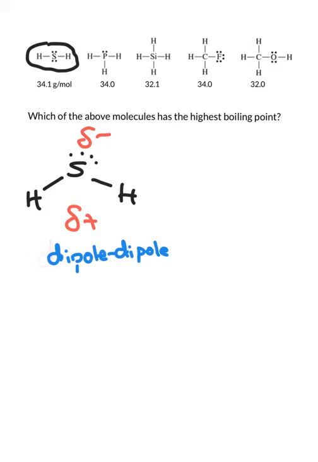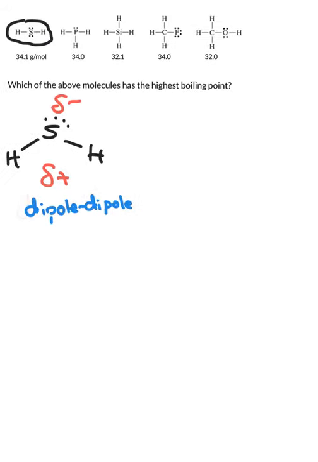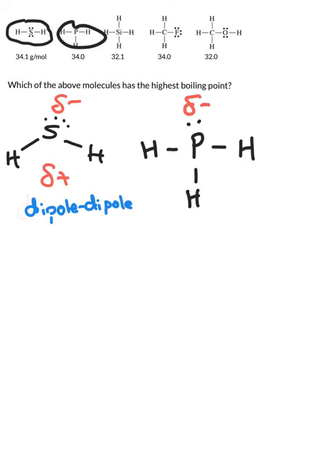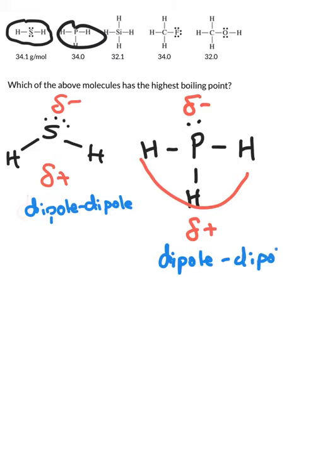So what about the other molecules? We'll think about H3P next. If we draw molecular geometry for H3P, we have a partial negative charge on the central phosphorus and a partial positive charge on the hydrogens that sit down below. This molecule's strongest intermolecular force of interaction must also be dipole-dipole.